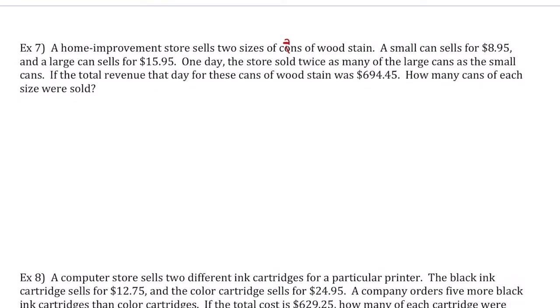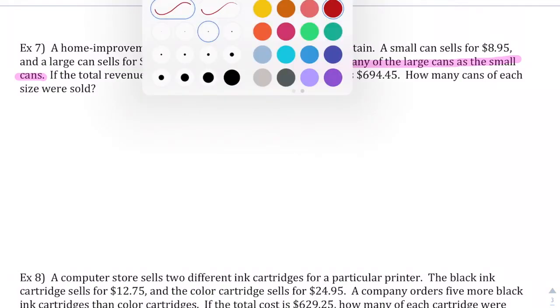One day the store sold twice as many large ones as small cans. So what is your base? Your base will be your small cans. Okay, and read on one more time.